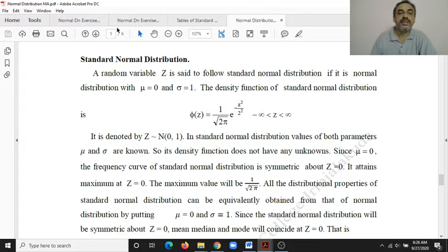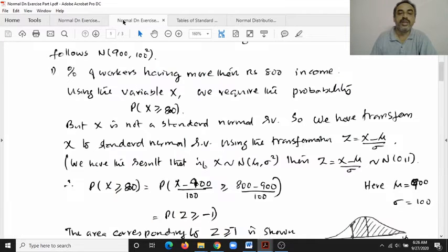In the present context, our normal distribution has mean 900 and variance 100 square, or standard deviation 100. That means the mean and variance are not 0 and 1 respectively. So we are not in a position to refer to probabilities from tables of standard normal distribution. We have to transform the present variable x to a standard normal random variable.